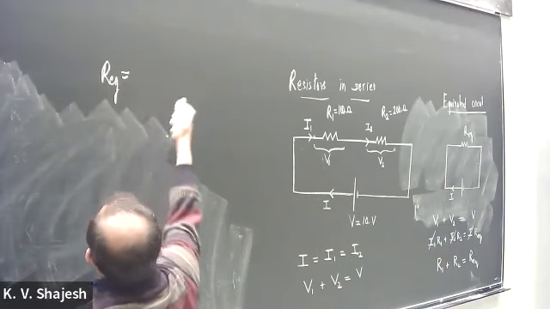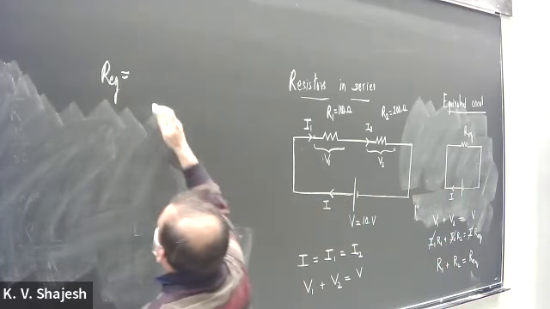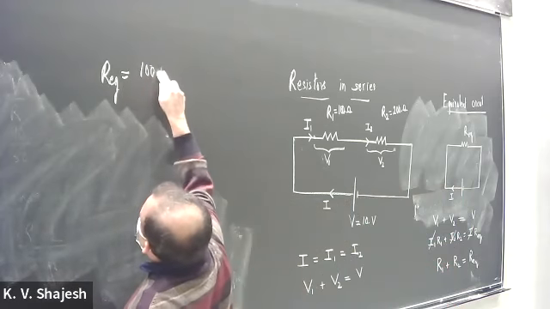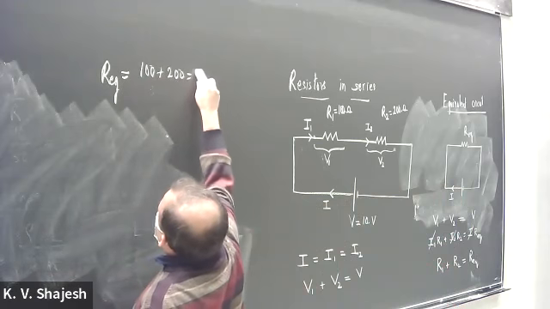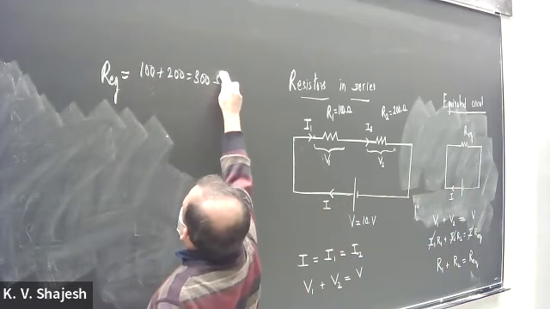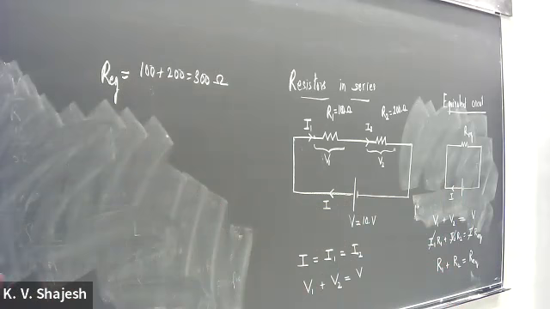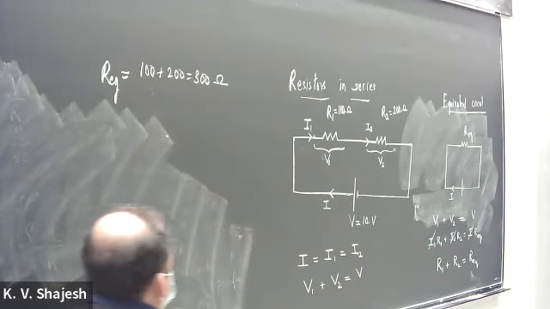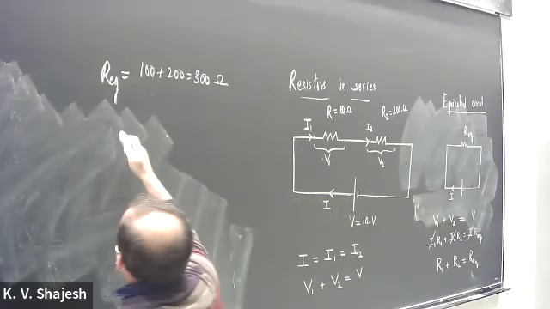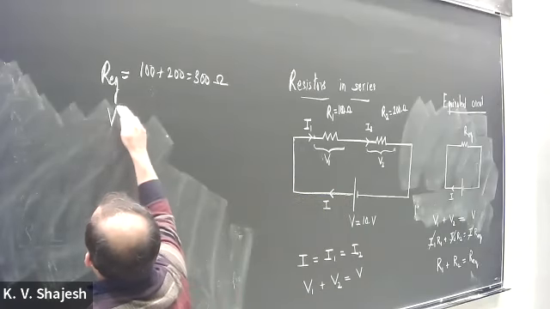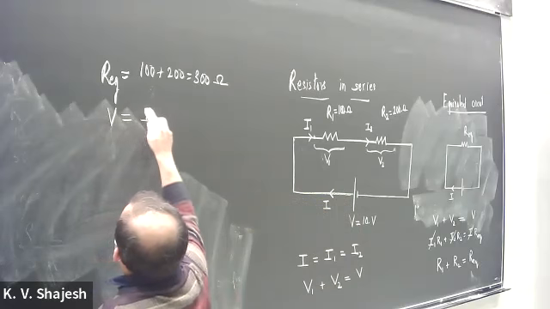In this case R equivalent is R1 plus R2, that's 100 plus 200, so that's 300 ohms. That's your expression for R equivalent. And the moment you have R equivalent, you know that V is equal to I times R equivalent.